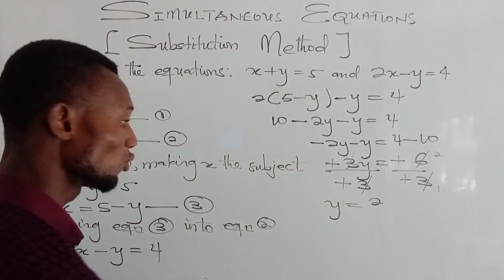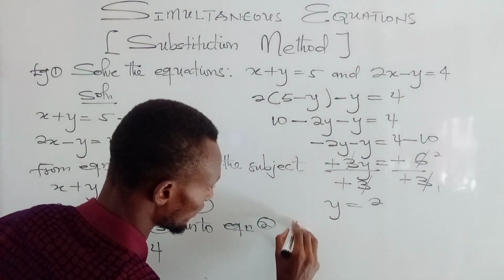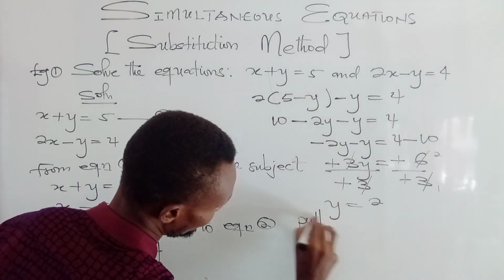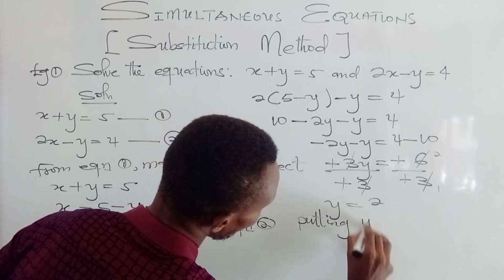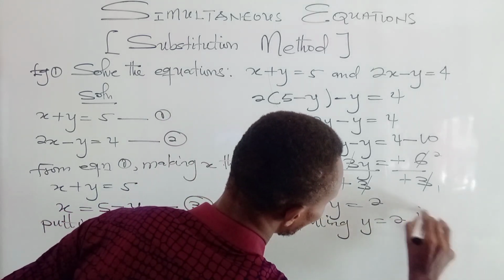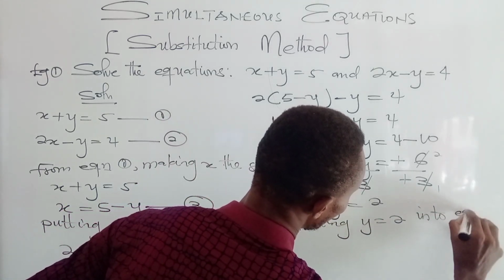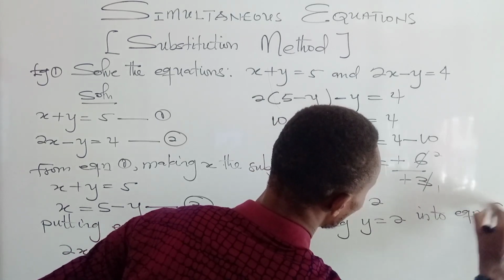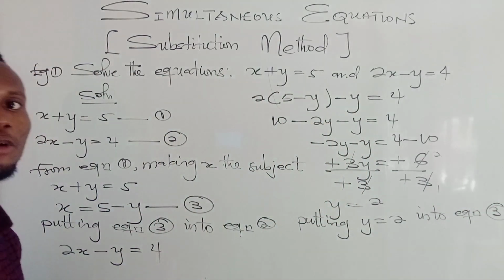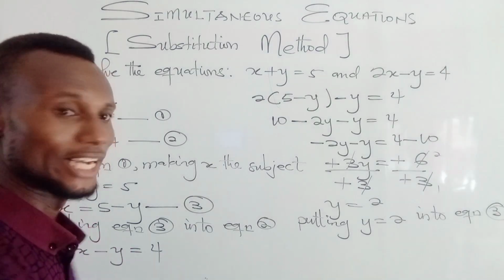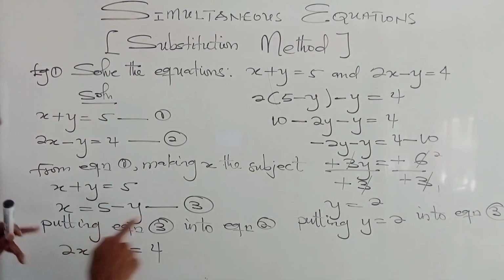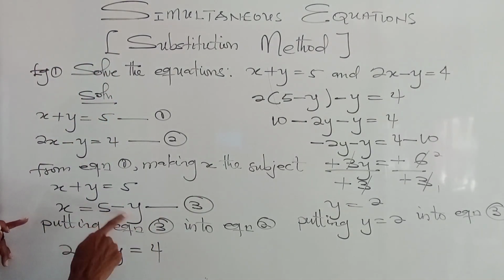I'm going to write: putting y equals to 2 into equation 3, and that will help me to solve for the value of s. The equation 3 is here: s is equals to 5 minus y.